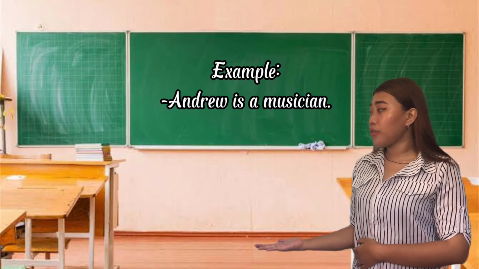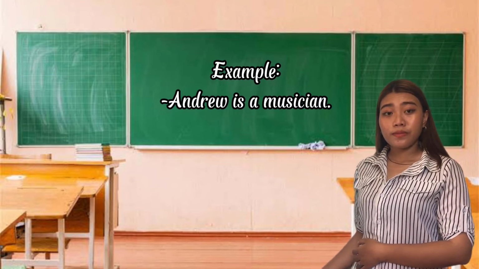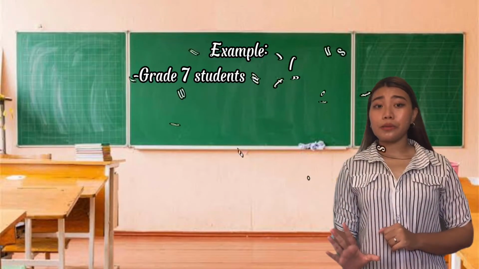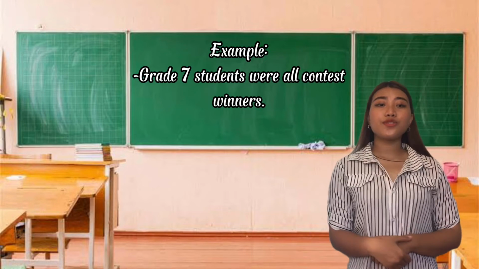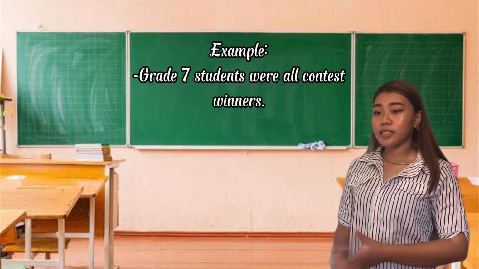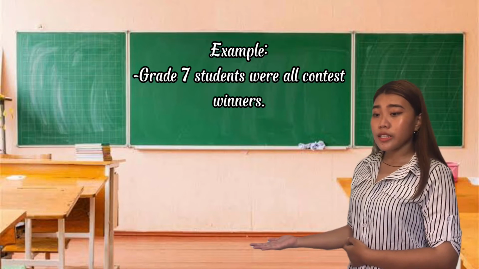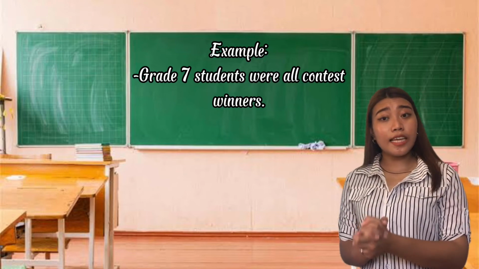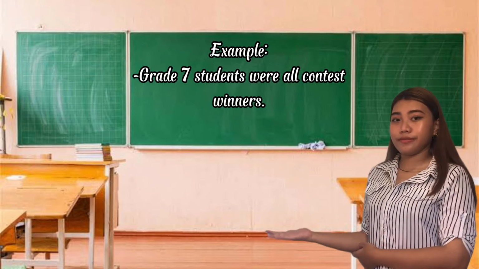Musician is a noun that complements Andrew, and it comes after the linking verb is. Another example, grade 7 students were all contest winners. Alright? The winners complements the students, and it comes after the linking verb were.